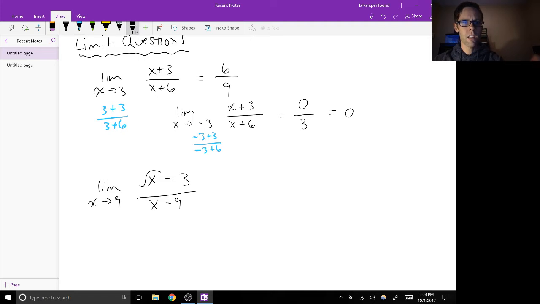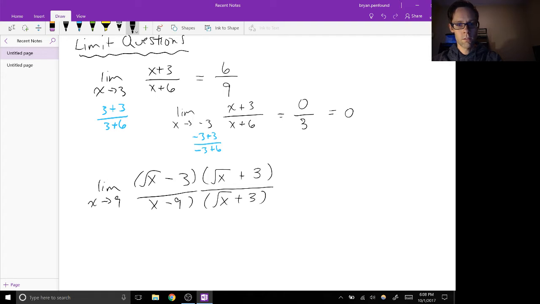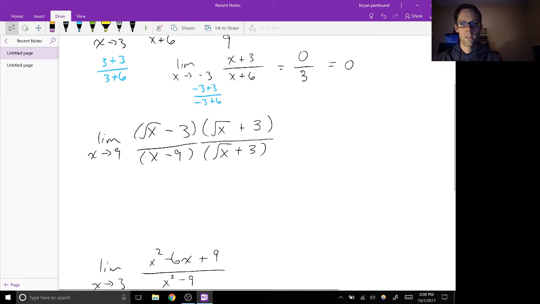And like I said earlier, because I see a root sign in here, I'm automatically thinking maybe conjugation is going to help. So I'm going to multiply by the conjugate of our numerator, like this. I'm really just multiplying by the number 1 here. Hopefully this conjugation is going to help us.